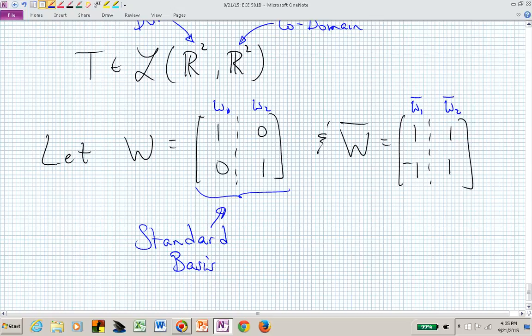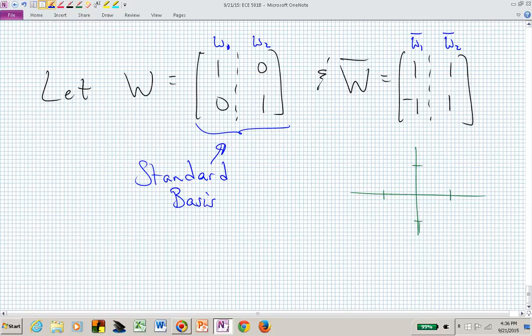For the first one, we go over 1 right and down 1 in the y direction, so W1 bar is that vector, and W sub 2 bar is that direction, or that vector.